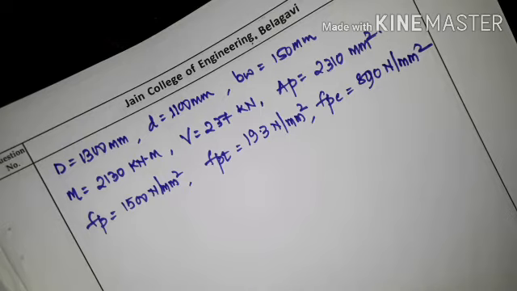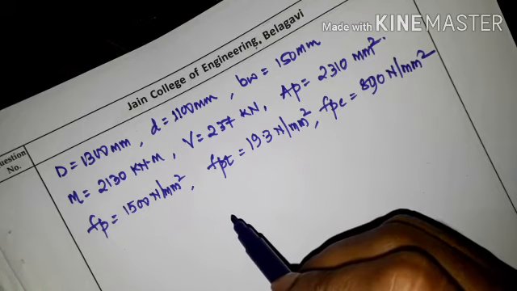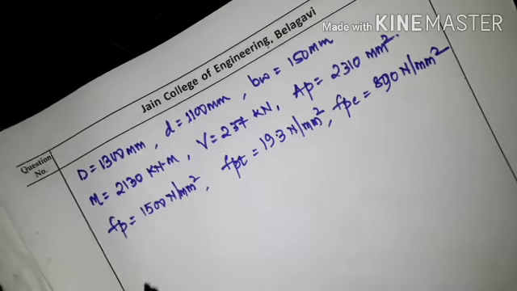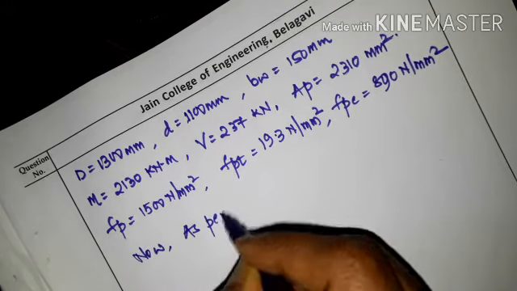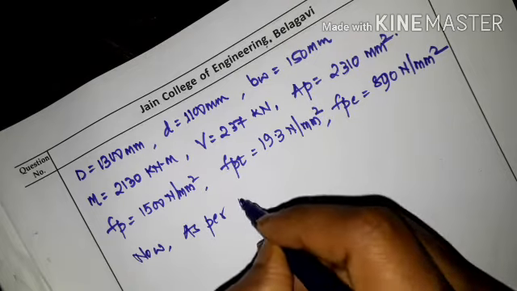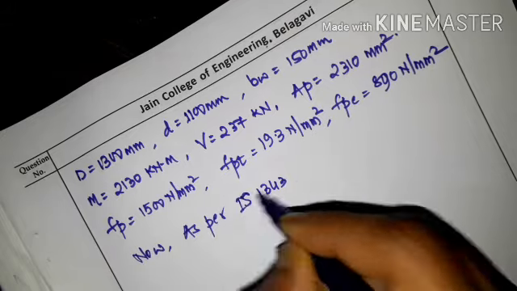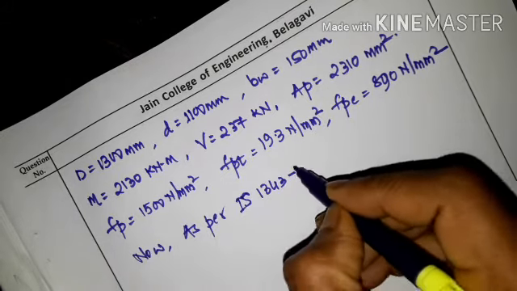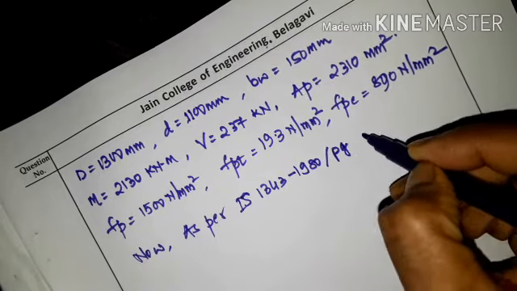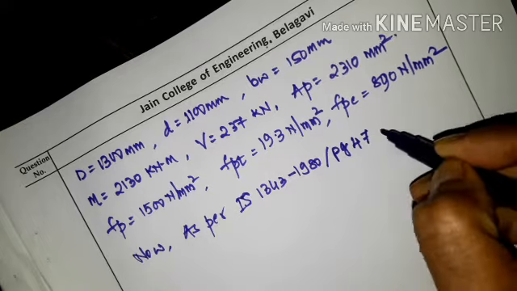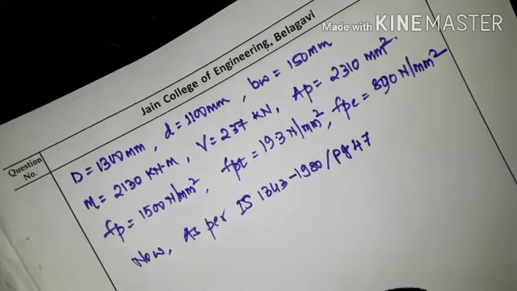Now you have to find out, see, in the code, if you go to IS 1343 1980, page number 47, there are two formulas given to calculate the shear resistance.